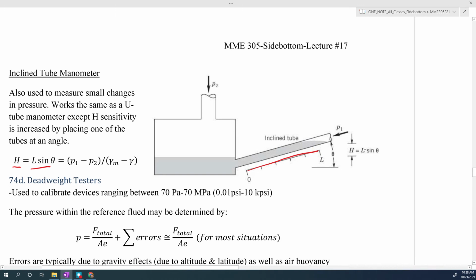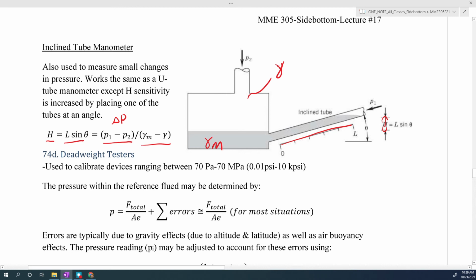And again, the change in pressure is just a function of the gamma m and the specific weight of the fluid that we're trying to measure. So this would be gamma.